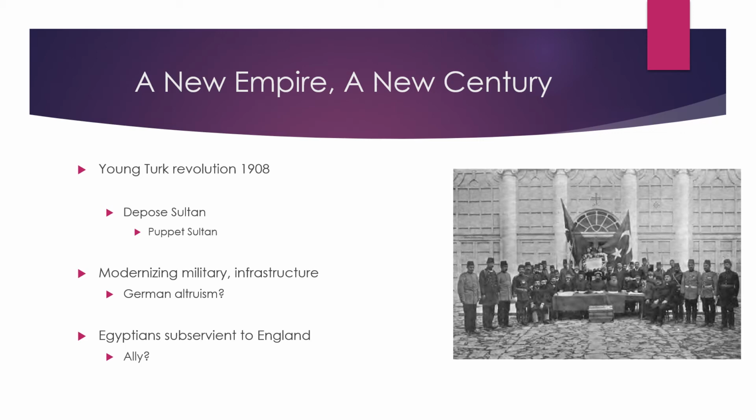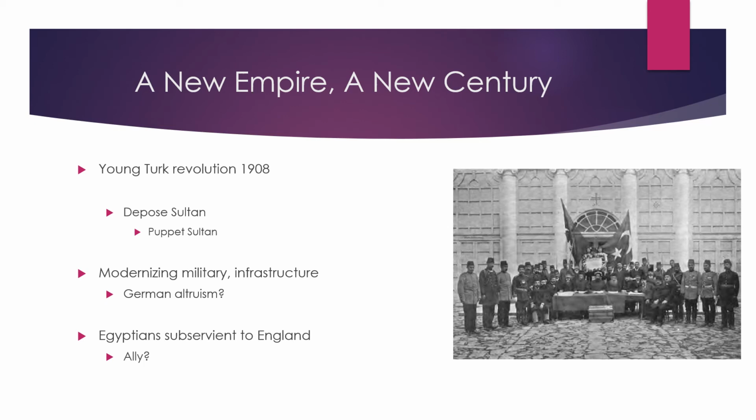The U.S. plays a little bit of a role in this altruistic reform movement, in that the United States establishes universities and schools, particularly the American University in Beirut and the American University in Aleppo. The American University in Istanbul doesn't really take off quite as much.